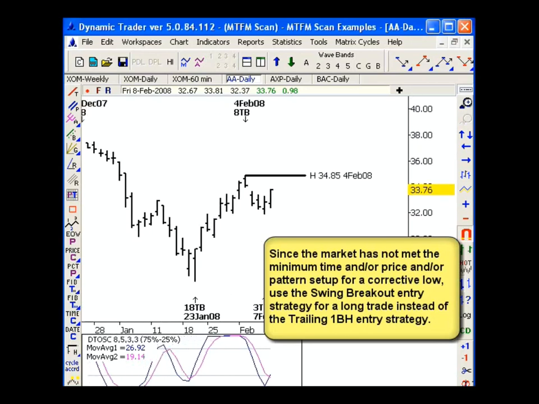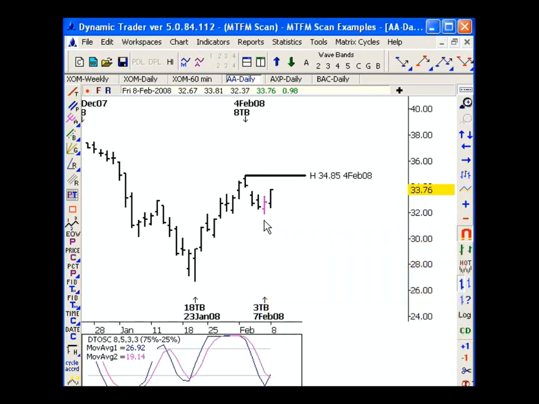So even though the dual time frame momentum says this is a great setup, more than likely this market is going to continue higher immediately, because it wasn't in any good time and price support typical for a correction. I would require it to take out a swing high before entering, and then the swing entry strategy would probably be a good strategy, because just think of it logically, that's what you need to do day by day when you look at a market.